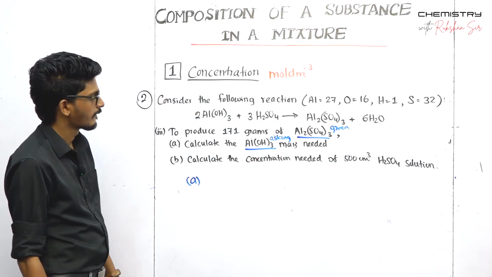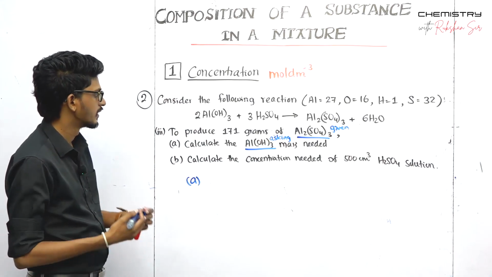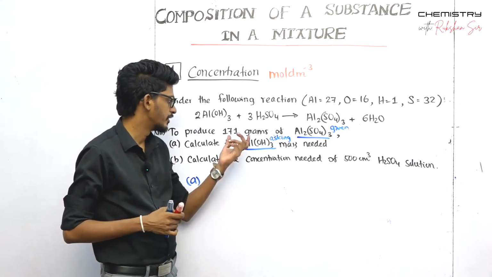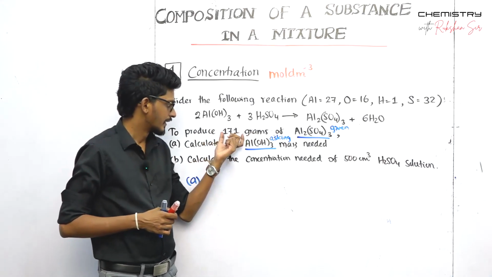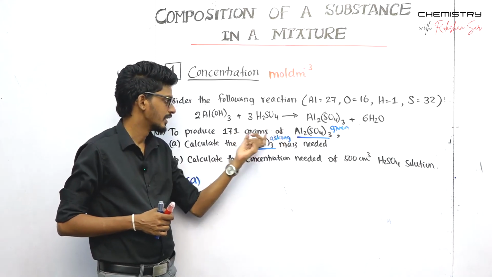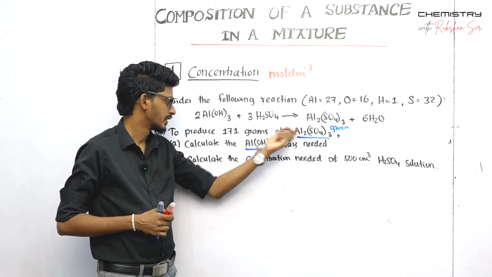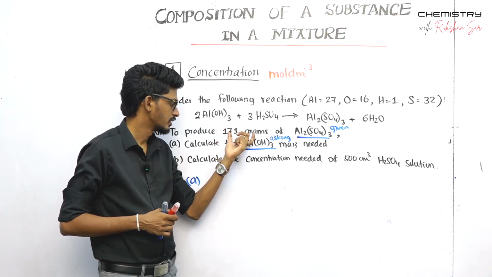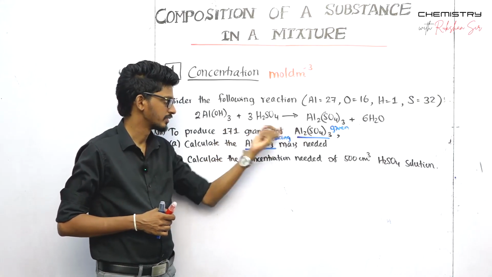So first of all, what we should do is convert the given data into its number of moles. We need to convert the 171 grams of aluminum sulfate into moles of aluminum sulfate.